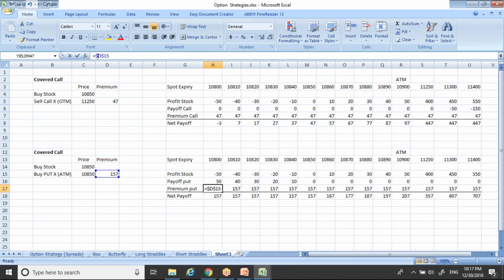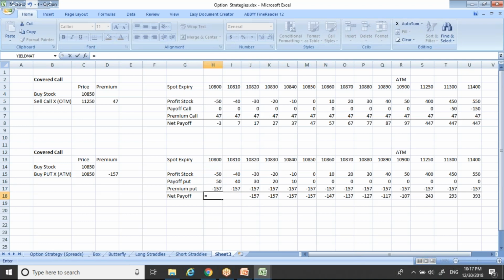So this is the premium you actually paid, so I put a minus sign here. Right. So what is happening here? Net payoff. When the share price goes down, you have a loss from stock, but you get a gain from the put. So you have a premium paid of 157.